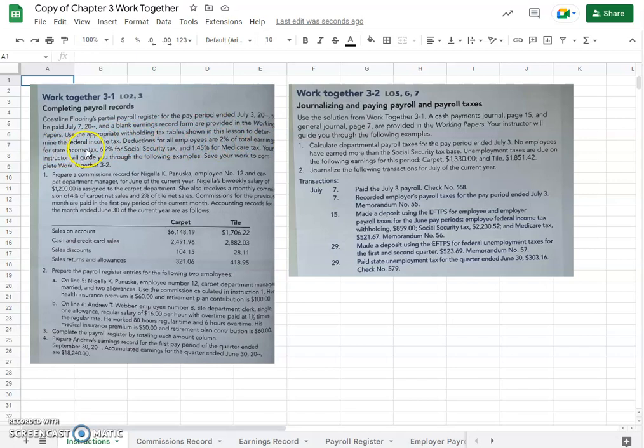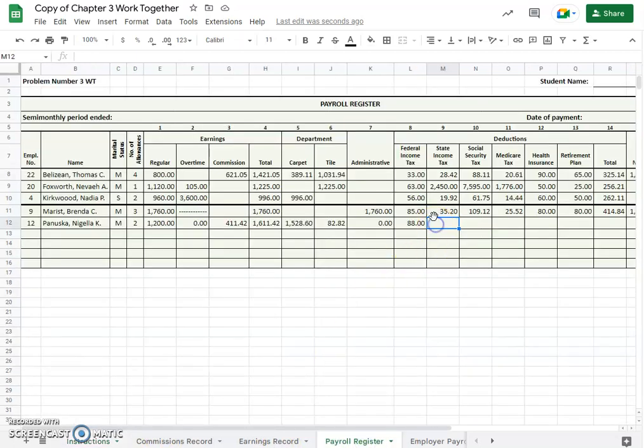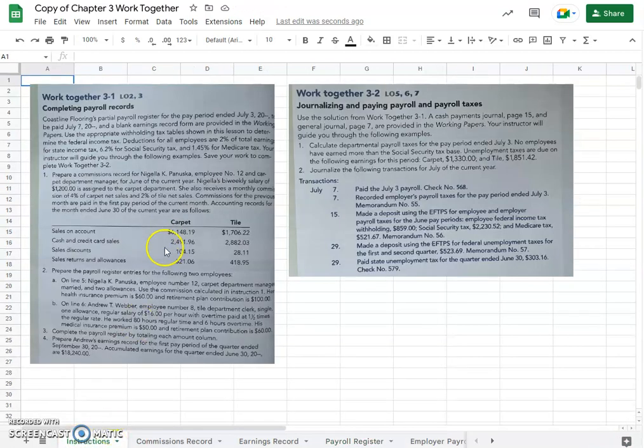2% of total earnings for state income tax. So we'll go back here, equals 2% times your total earnings, $32.23. Social Security tax, our instructions told us 6.2 for Social Security, 1.45 for Medicare.